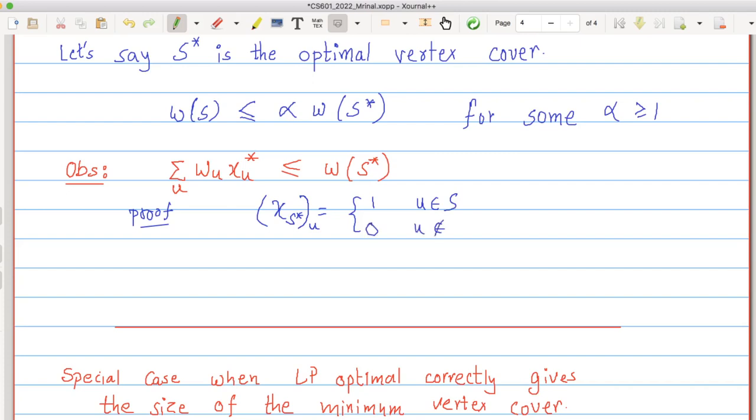It's the characteristic vector of S star. Just observe that the weight of S star is nothing but the objective value at this point X S star.